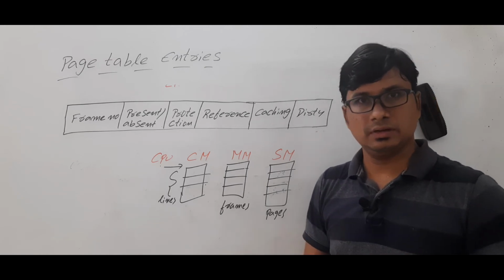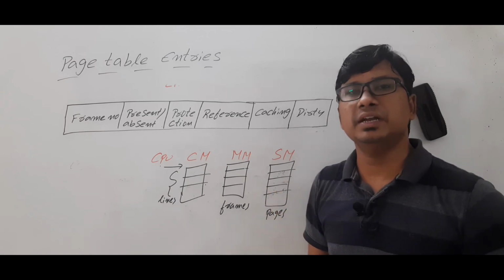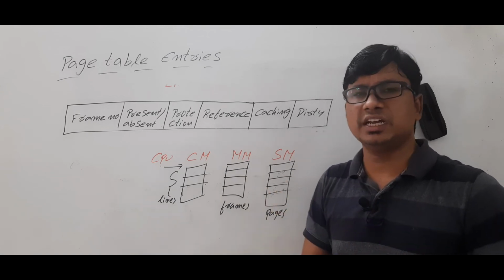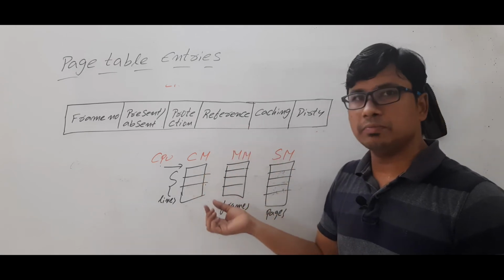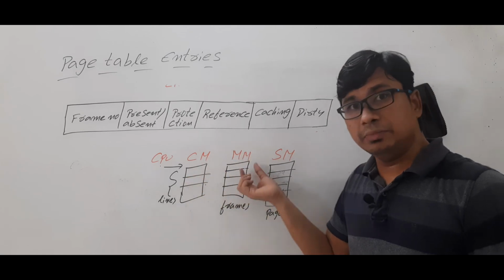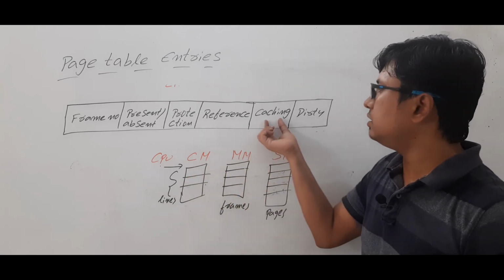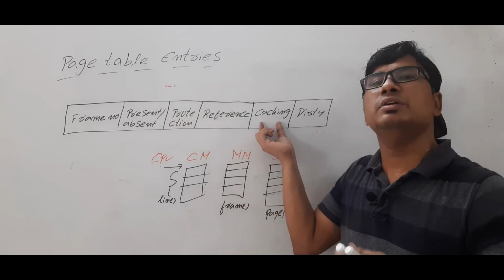Some user has opened an MS Word file and is writing a letter. Whatever information he is writing should be stored in the main memory. So whatever modification happens in the cache memory should reflect immediately in the main memory. So a page table entry can have caching disabled or enabled.